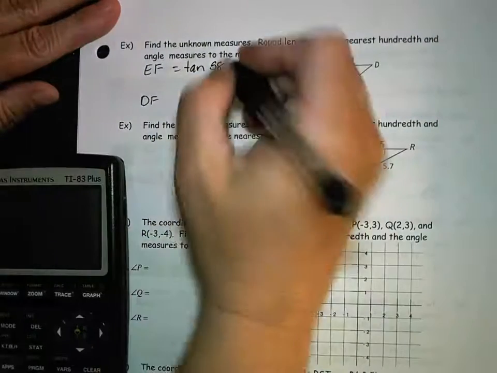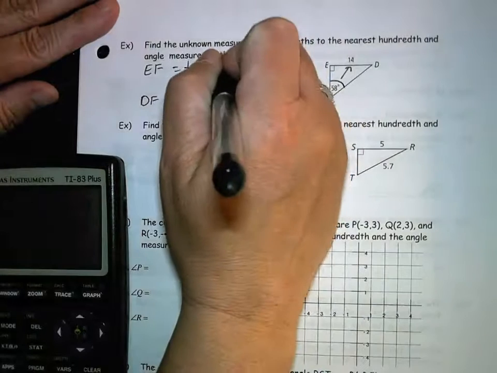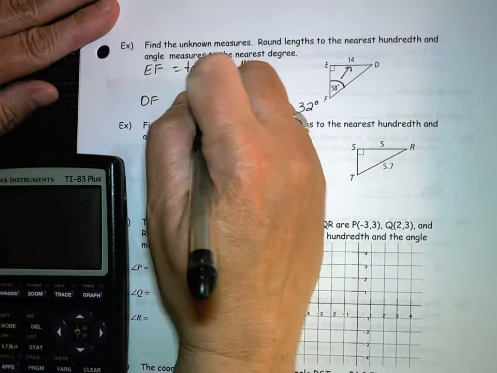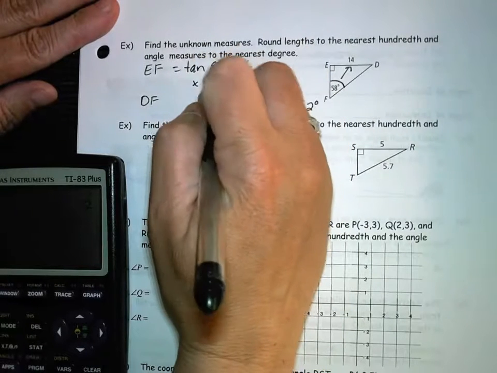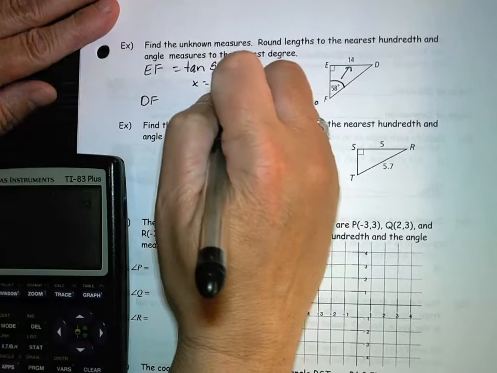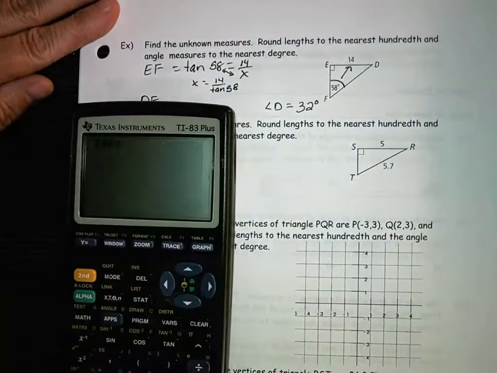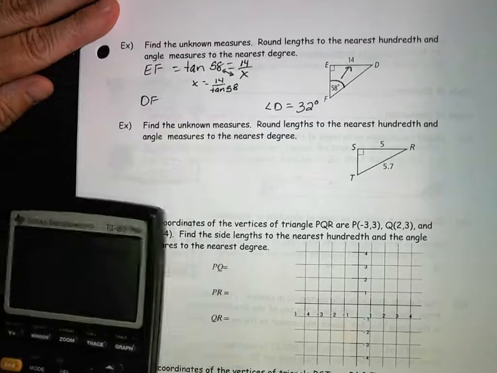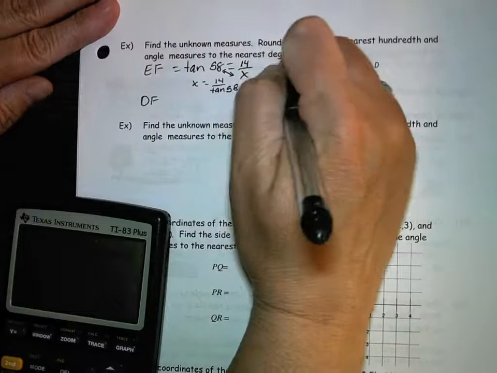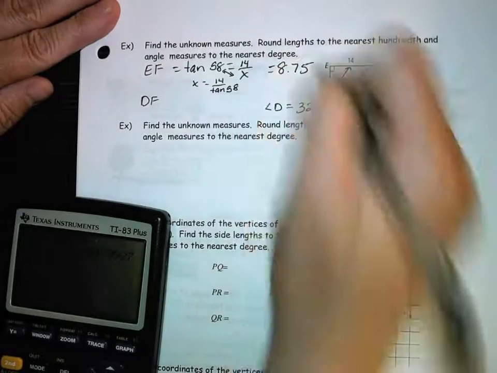To solve that, we switch places with those two, and you have x equals 14 divided by the tangent of 58. I'm going to call that 8.75.